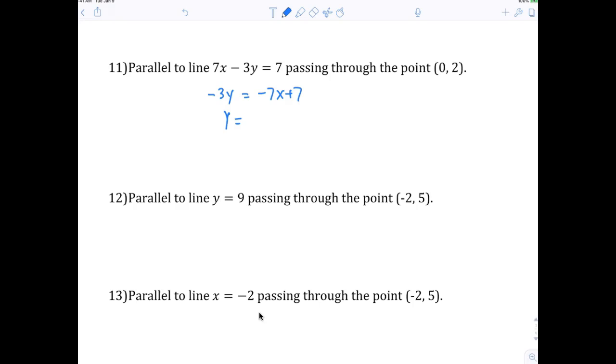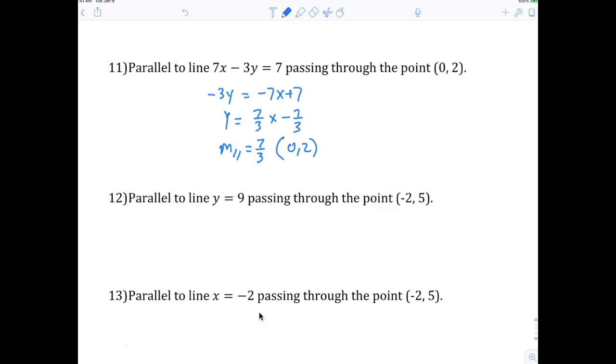Y equals 7/3 x minus 7/3. Everybody okay with that? Slope of the parallel line, someone. Slope of the parallel line is 7/3. Come on, keep up. The point is what? 0, 2.